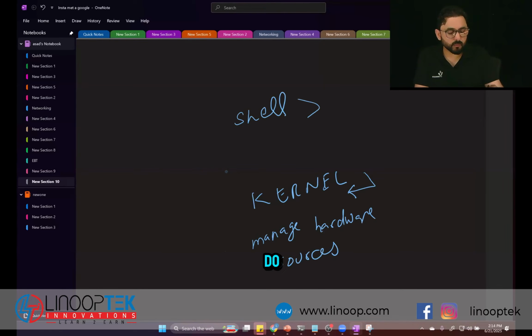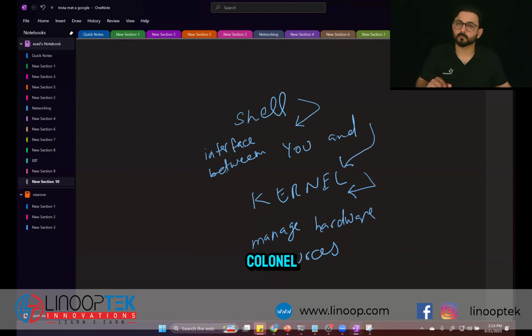What does shell do? It's an interface between you and kernel.